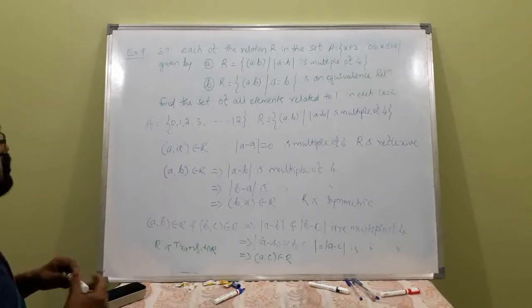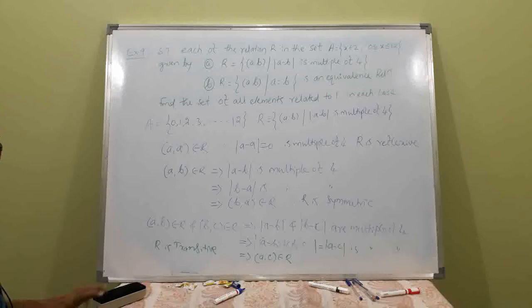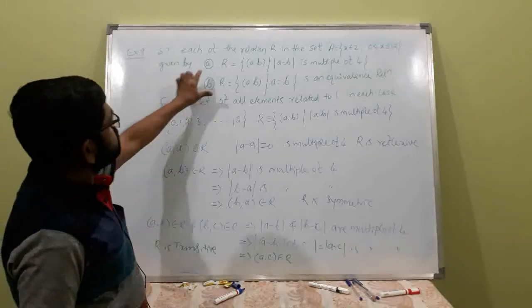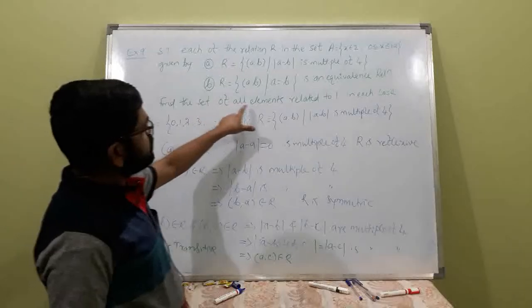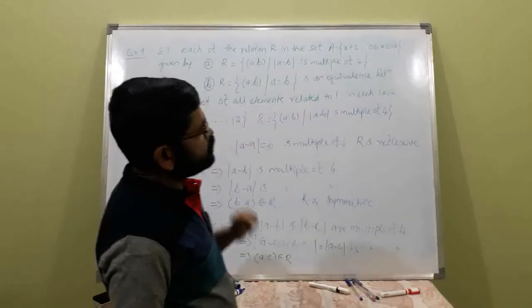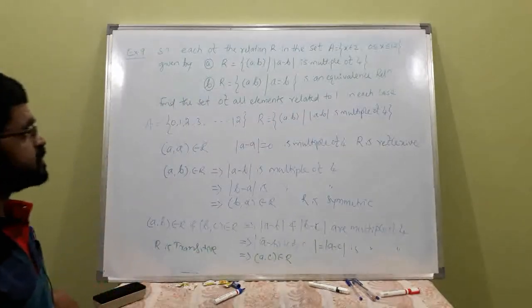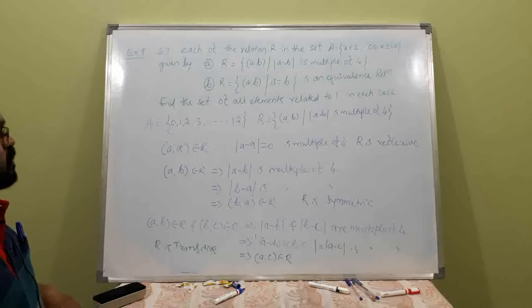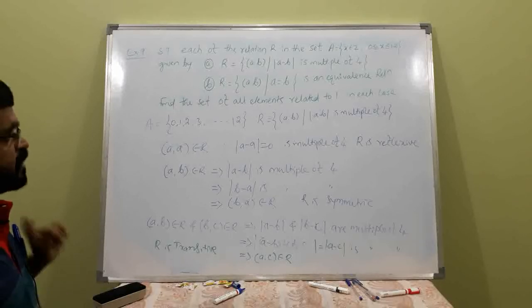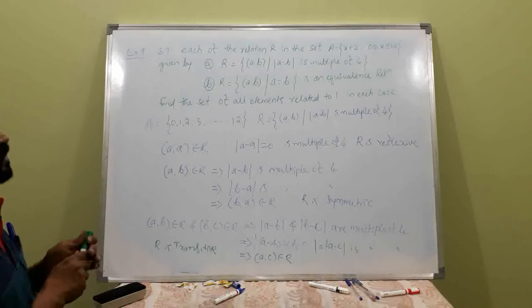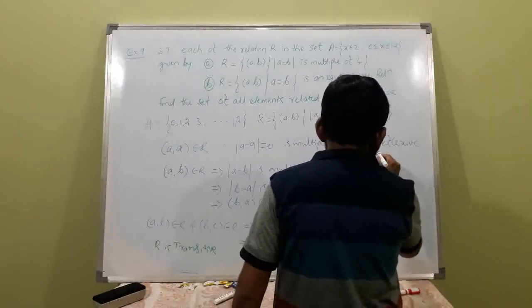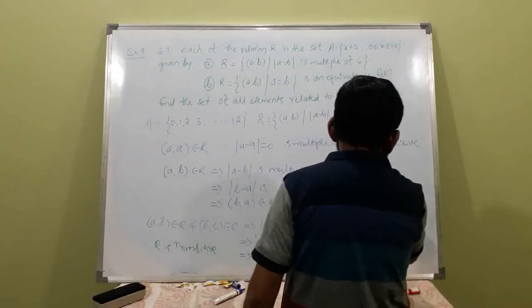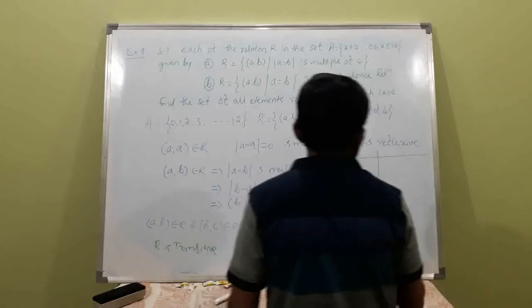See here, this is an equivalence relation. Find the set of all elements related to 1 in each case. Set of all elements which are related to 1. The first element is 1, the other elements you have to find.